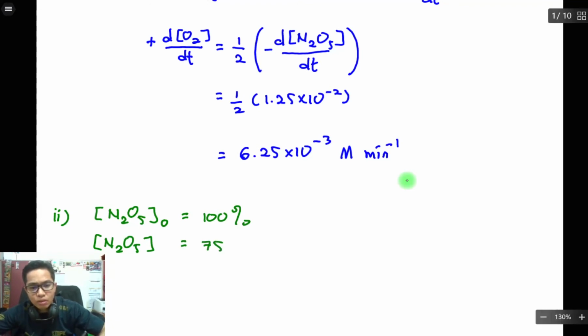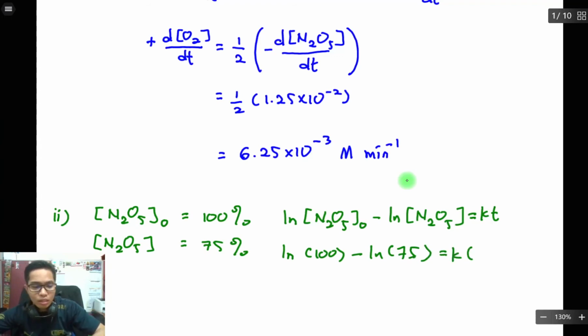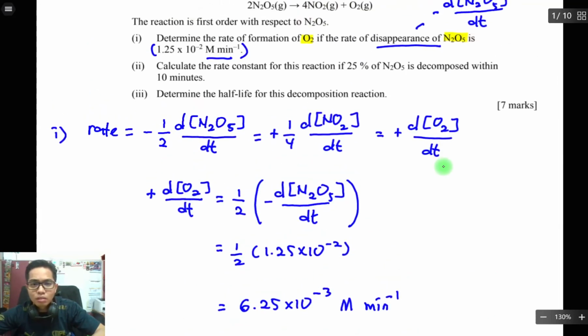We get 75%. And the formula for first order is ln N2O5 initial minus ln N2O5 equal to kt. So substitute the value. So ln 100 minus ln 75 equals k, we need to find out t. I think the question says 10 minutes.